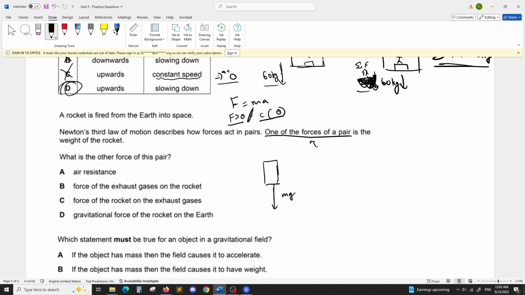So it's going to be mg. Weight is based on Earth. So then, that was my cat, by the way. Then we have an opposite force that's going the same way here from Earth.